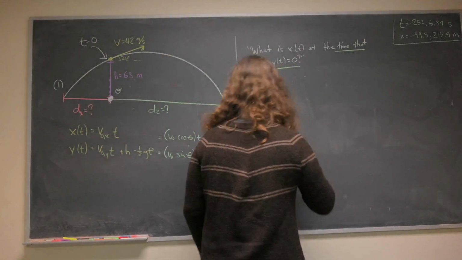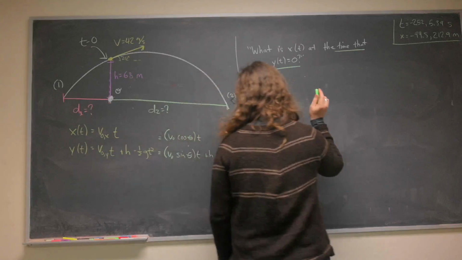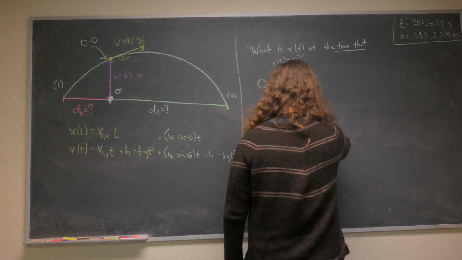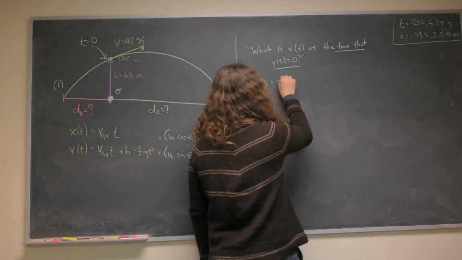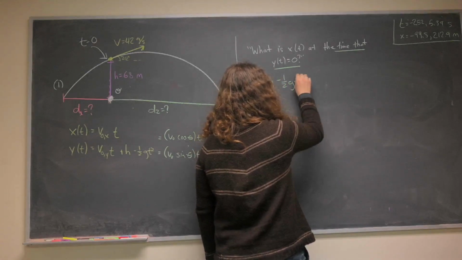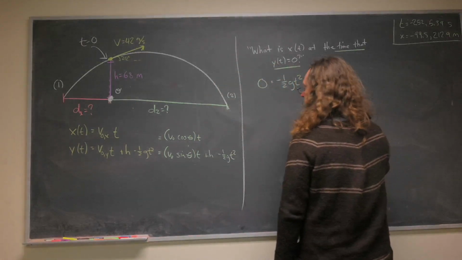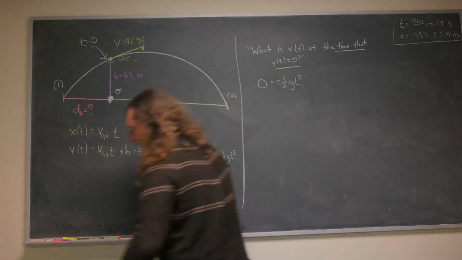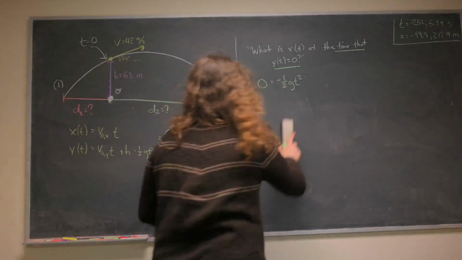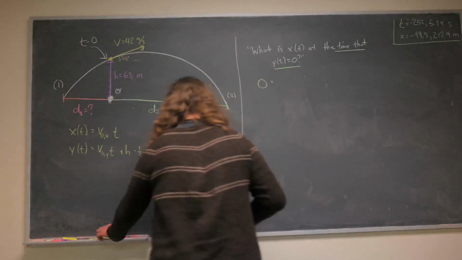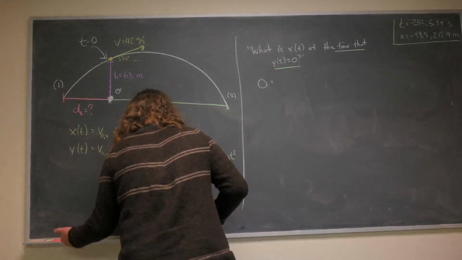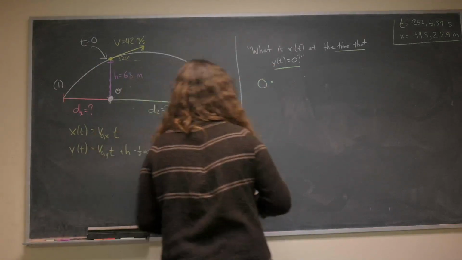So I've got this equation. I say 0 equals, I'm just going to write the terms down in the conventional order now, 1/2 g t squared. Actually, I'm going to color code them. I want to do this for a reason, to kind of make it clear how the quadratic formula is going to work for us.